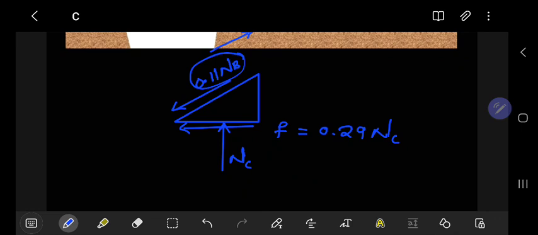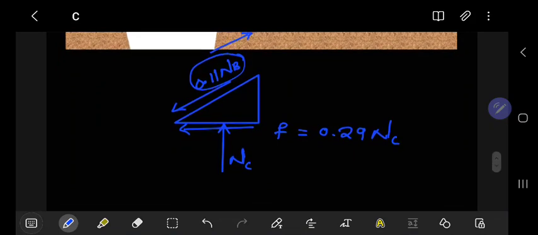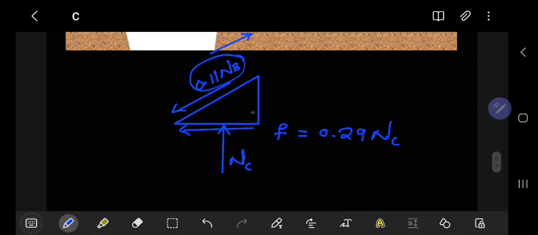Now, how are we going to work out this problem? Well, all we have to do here now is sum of forces. We won't even use rotations here. We'll just use sum of forces. But for sum of forces to work, everything has to appear either in the x-axis or in the y-axis. We'll use this setup for up being y, horizontal being x, implying that we need to break down this force of friction.